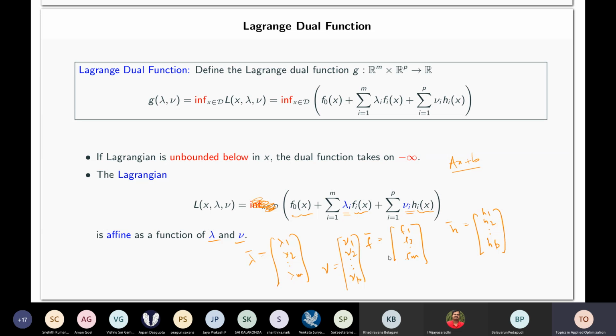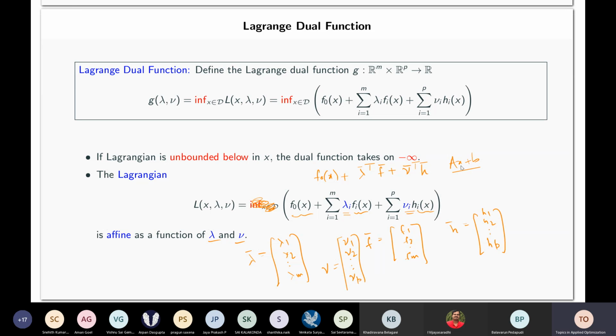So with this we can write this as f naught of x plus a dot product, lambda bar transpose f bar, plus nu bar transpose h bar.